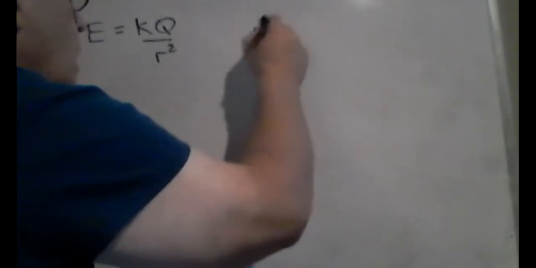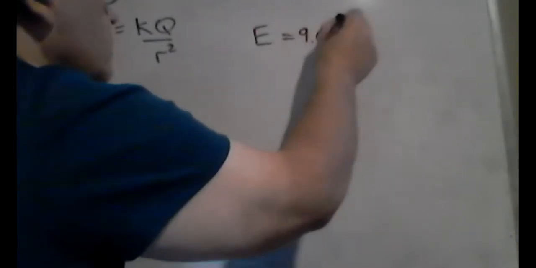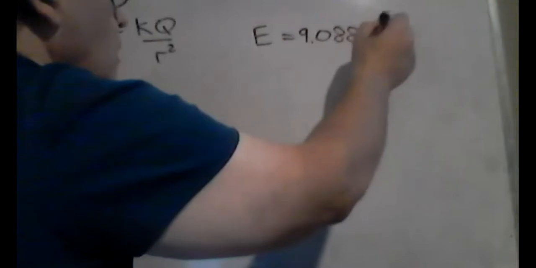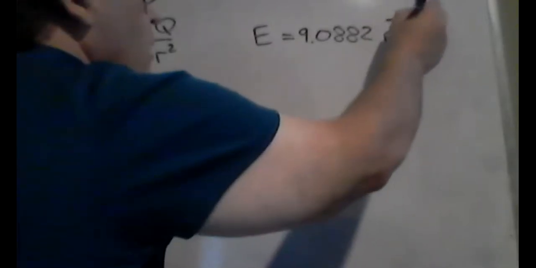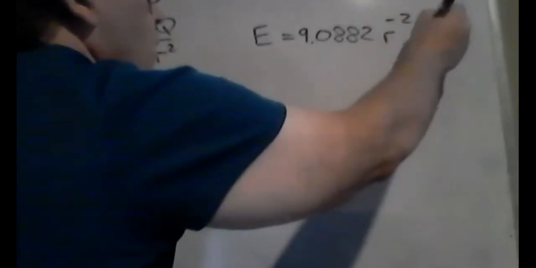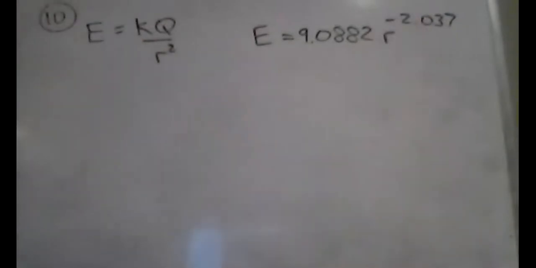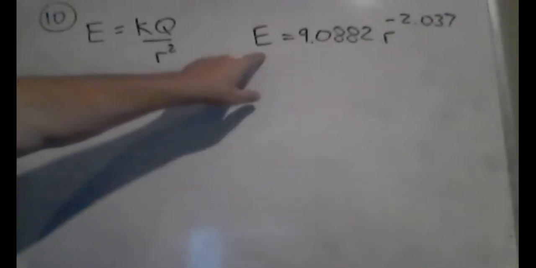Well, this is my power law: 9.0882 R to the negative 2.037. I mean, Excel called this X, but Excel's going to call everything Y versus X. We know Y in that Excel plot is E, and we know the X in that Excel plot is R, right?